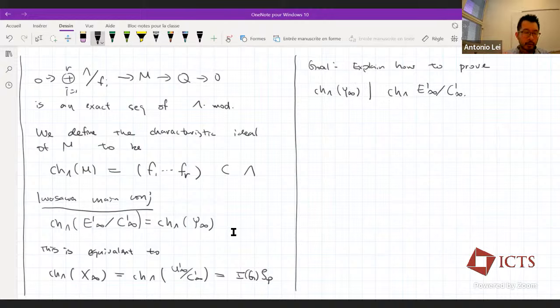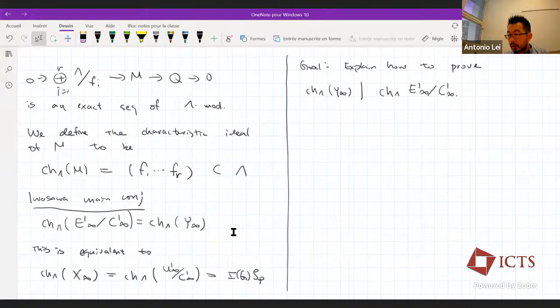And then you will see some of the properties I explained to you will be useful for this proof. Okay, so I think I have 7 minutes, so I won't be able to finish what I want to say probably, but I'll just set things up and then I'll continue in tomorrow's talk.